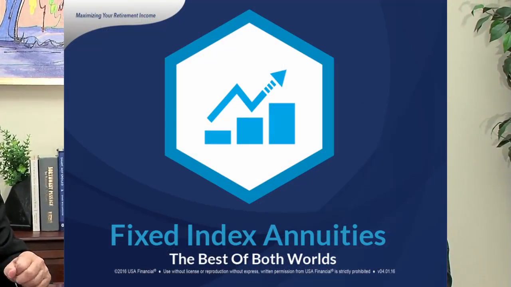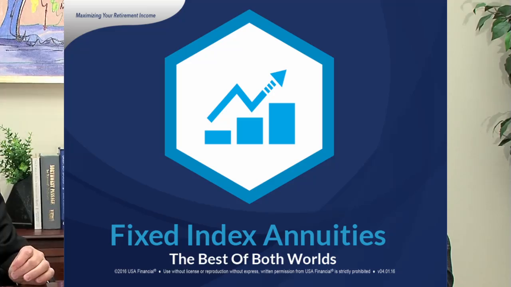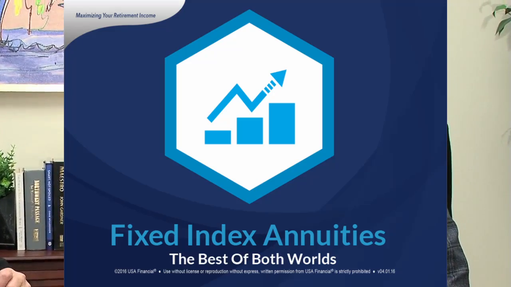Yeah, so a fixed annuity might be something like a multi-year guaranteed annuity, or what we call MYGA. We're big on acronyms in our business, so MYGA, M-Y-G-A. So you could get a guaranteed rate for 5 years.